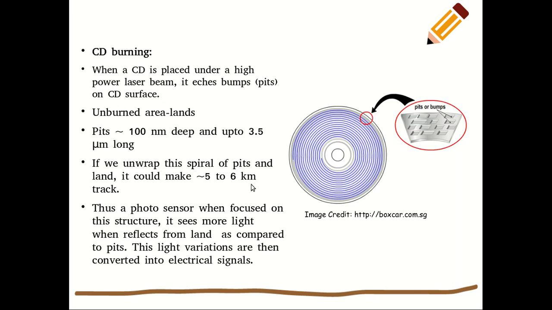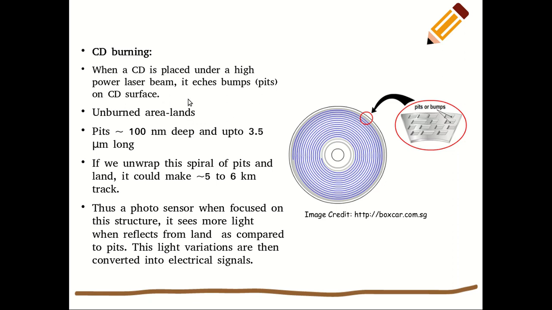So a very long structure of pits is there on a CD. The unburned area on a CD we call the land. Thus, the information is stored in a CD in the form of pits and lands, or we can say the information is stored in the form of zeros and ones.